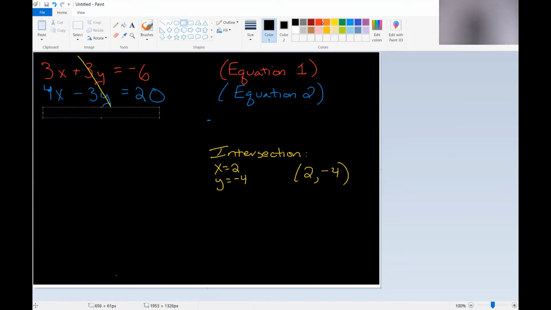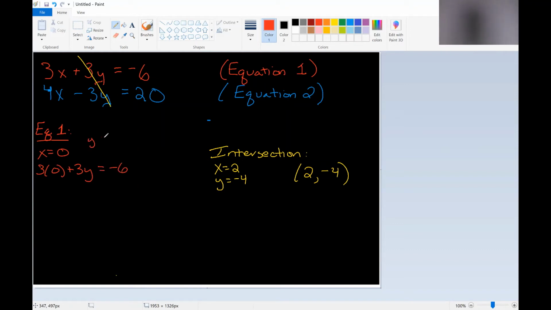Okay, so let's get back here and I'm going to be working in red. So let's work with equation 1 for a moment. Equation 1 has an x and a y intercept. If I look at this equation, it will be quite nice if I set x equal to 0. And when x equals 0, we have 3 times 0 plus 3y equals negative 6.